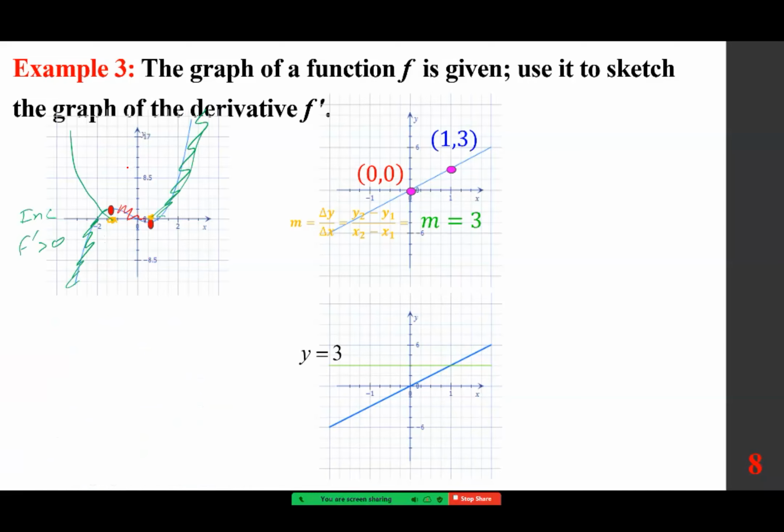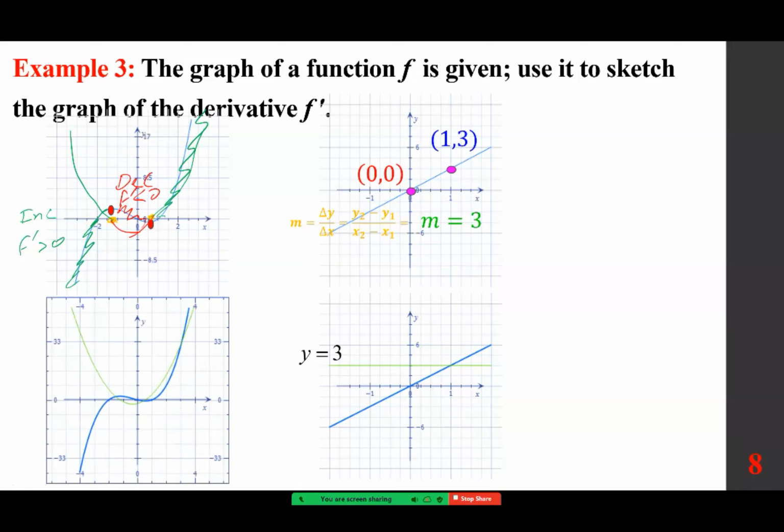In between, it's decreasing, which makes f prime negative, so it's below the x-axis, but it has to come up, and it looks something like this.